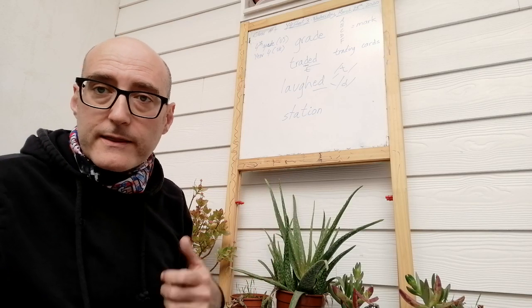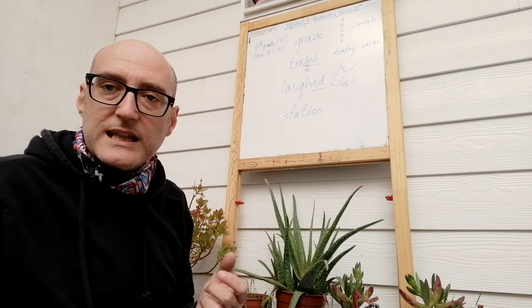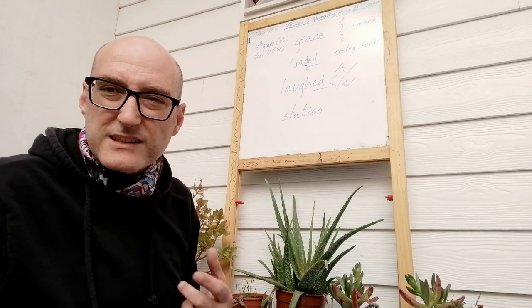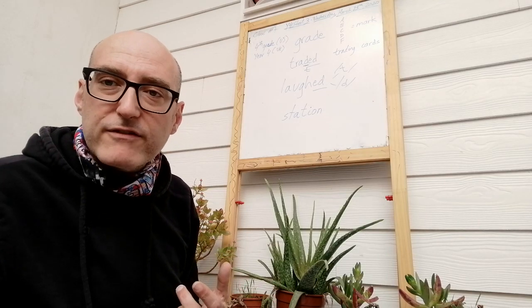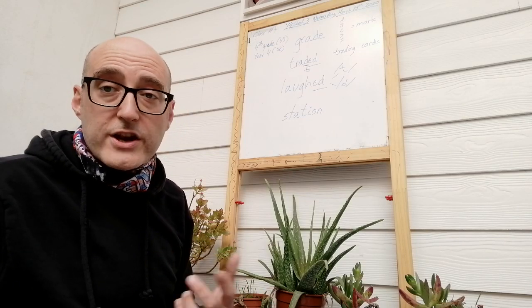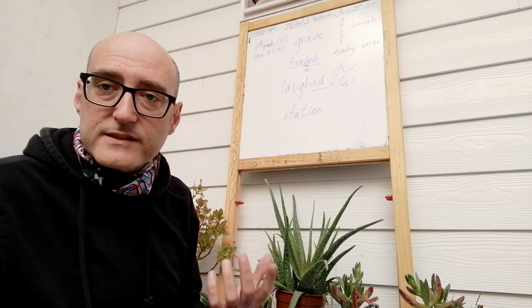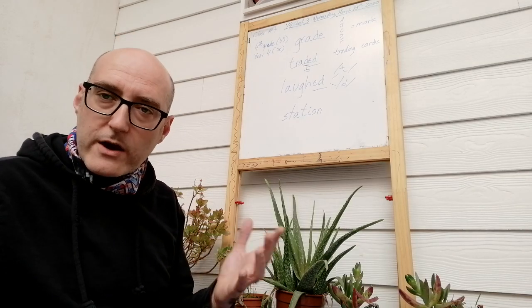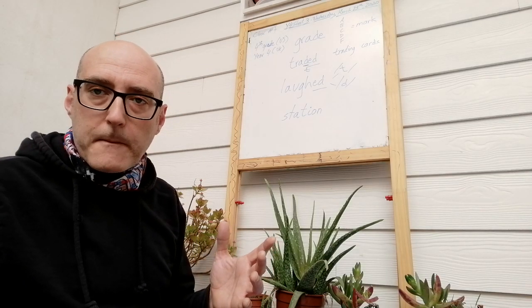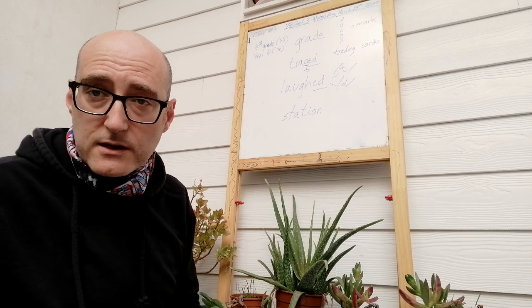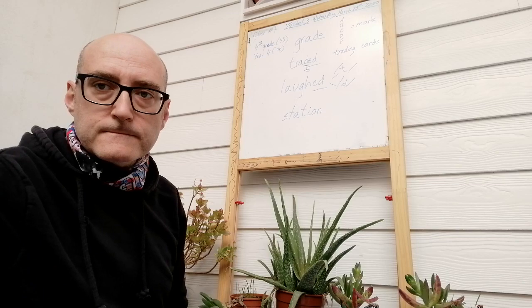And laugh in the past, let's try with a T, laughed. Let's try with a D, laughed. It's very difficult to say with a D. So the natural way in this one is to use the T, laughed, okay? So try with both of them, but never say another syllable, never say laugh-it, okay, because that's wrong.